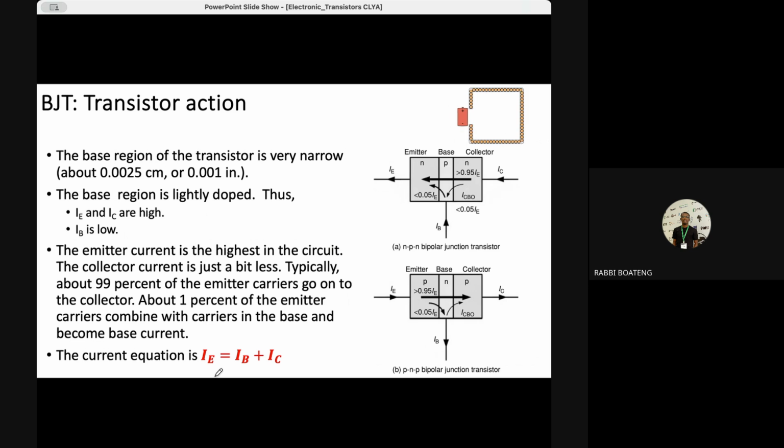Now we can also look for something we call the current equation. Anytime a conventional current is going through a circuit, does it move from the positive to the negative or negative to the positive?